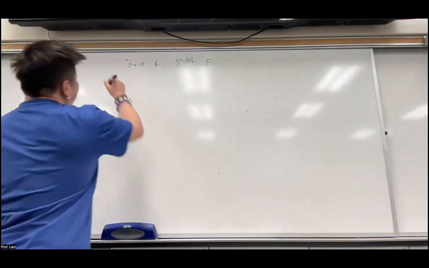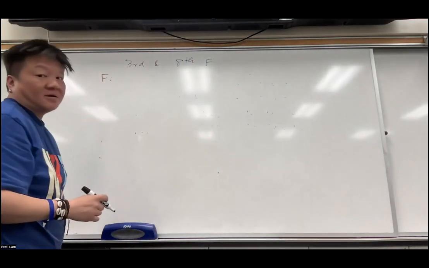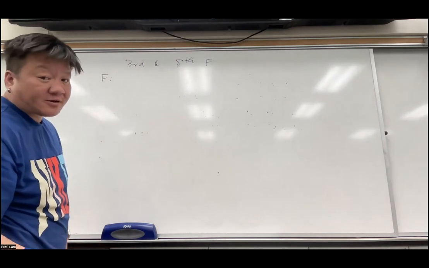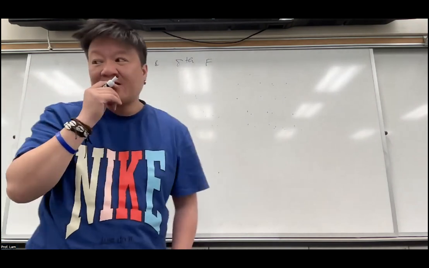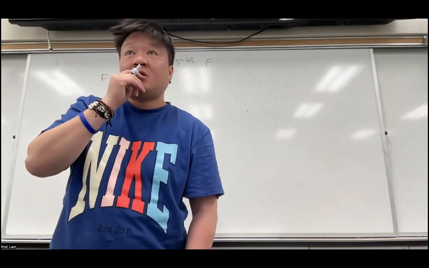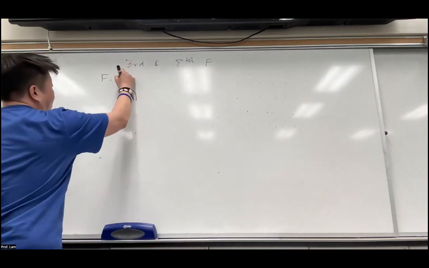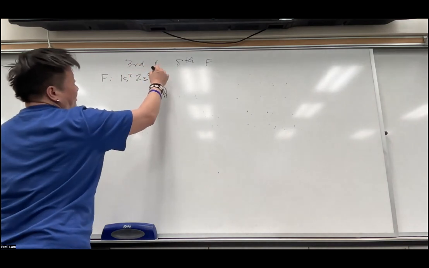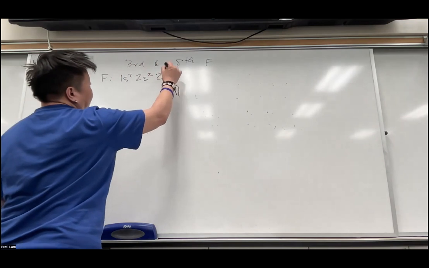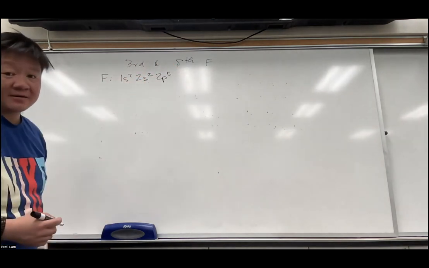Okay, so for fluorine, we should get the electron configuration first, so it'll be easy. Fluorine has how many electrons total? 9, I believe, right? So it's going to be 1s2, 2s2, and then remember it goes to 2p5, right? A total of 9.